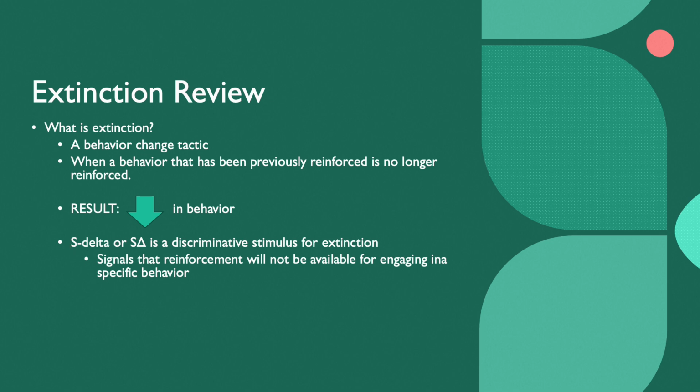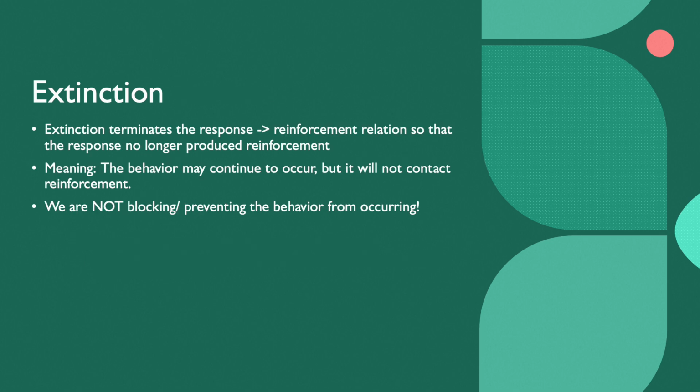And if you recall, we have different types of discriminative stimuli. We have our discriminative stimulus that signals when reinforcement is available. We have a discriminative stimulus for punishment that tells us when punishment is going to be implemented for engaging in a particular behavior. Well, our discriminative stimulus for extinction, which lets us know an extinction schedule is in place, is the S delta.